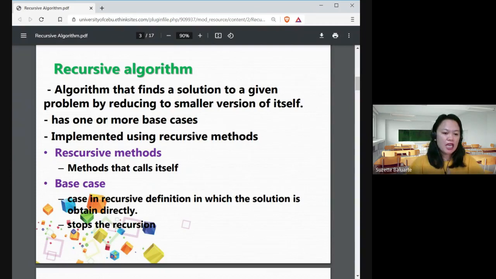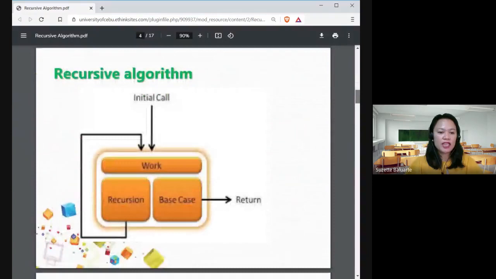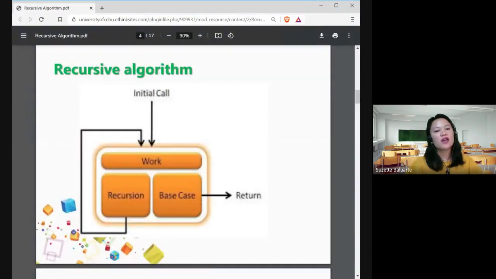And the base case is a case in the recursive definition in which the solution is obtained directly, and then we stop the recursion. So this would be the illustration of the recursive algorithm.